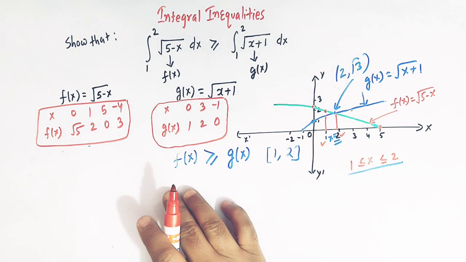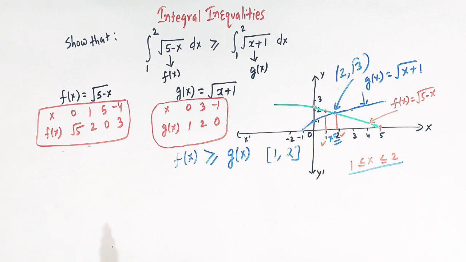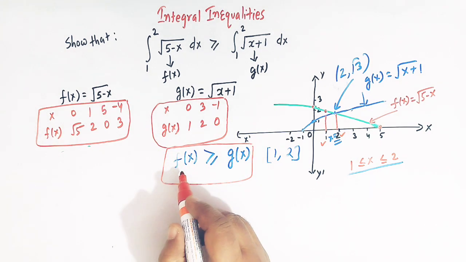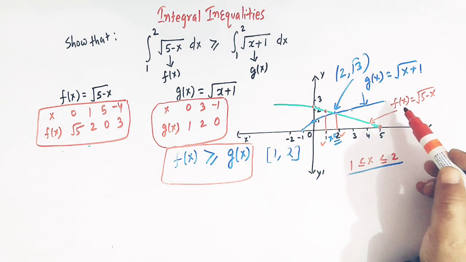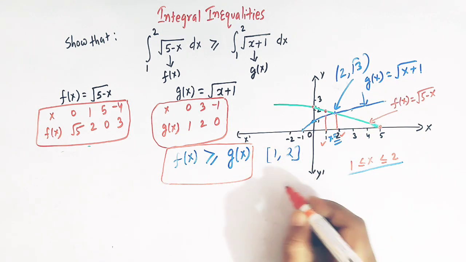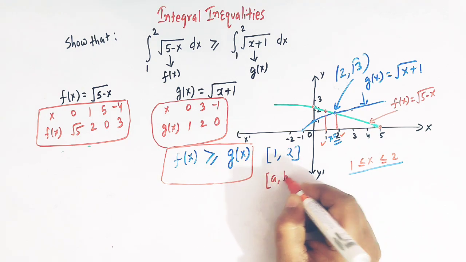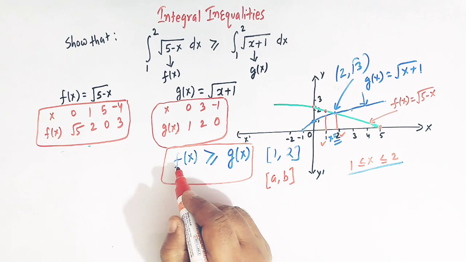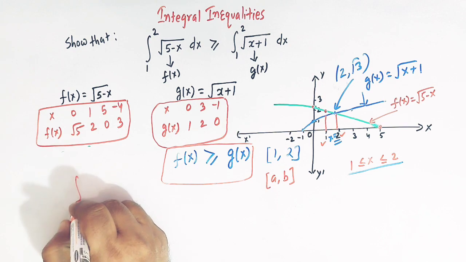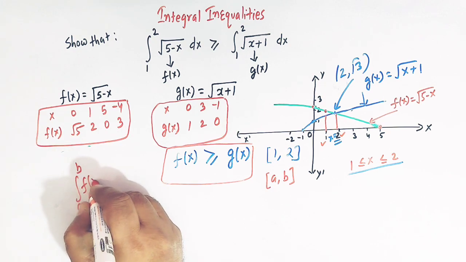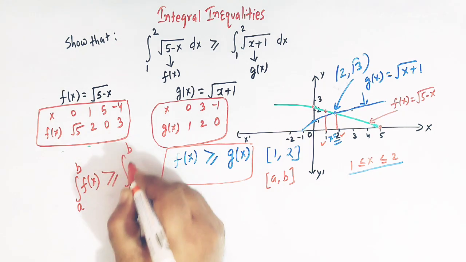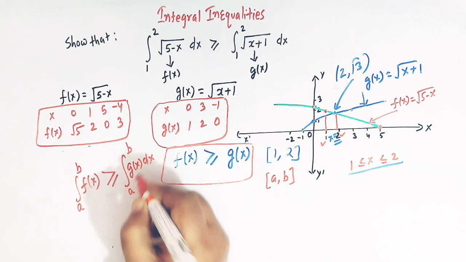So now here we apply an important property from definite integrals, right? See, if we have two functions f of x and g of x, as we have here, and the interval is given as 1 comma 2, and in general if we have the interval a comma b, and f of x and g of x satisfy this property, then the integral from a to b of f of x should be greater than or equal to the integral from a to b of g of x dx, right?